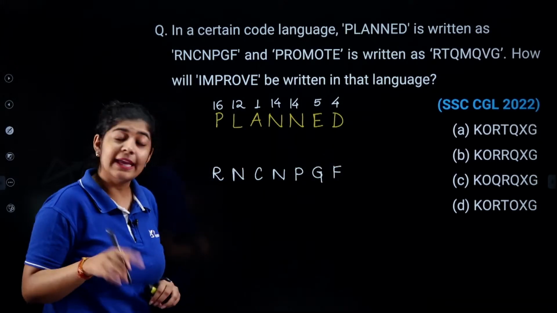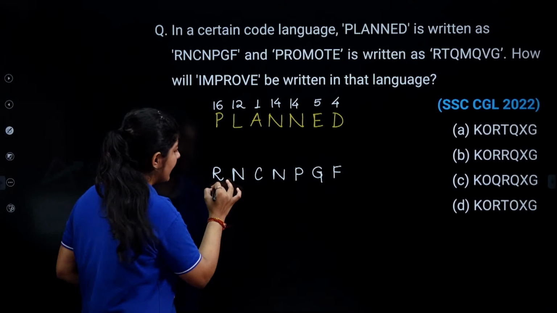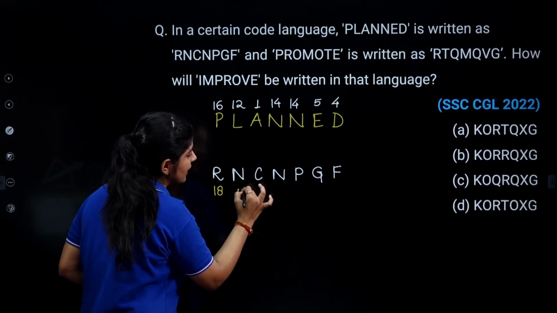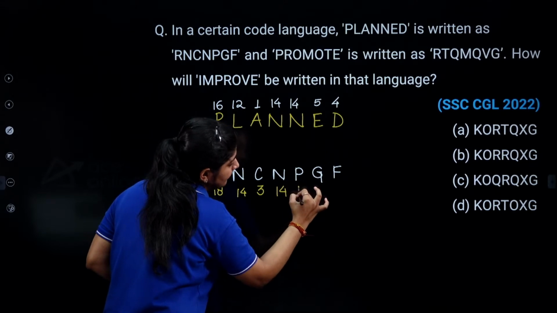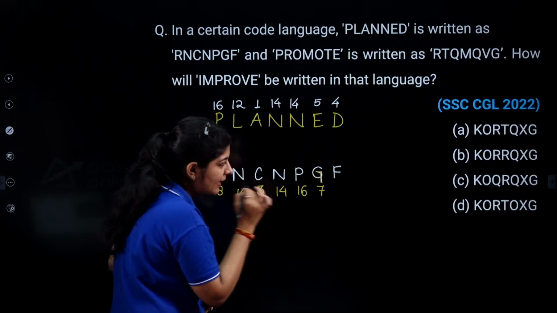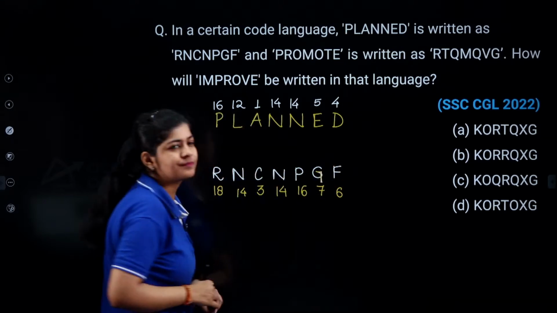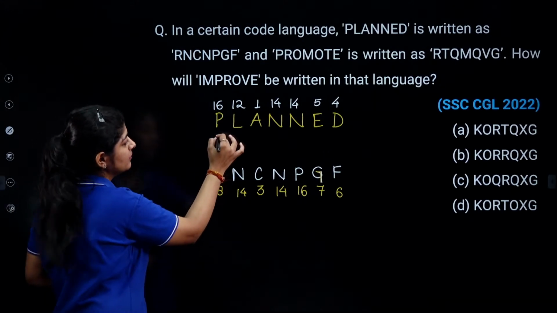Okay. Again I am going to write down the associated numbers of this one. R is 18, N is 14, C is 3, N is 14, P is 16, G is 7, F is 6. Now, I just observe the pattern.